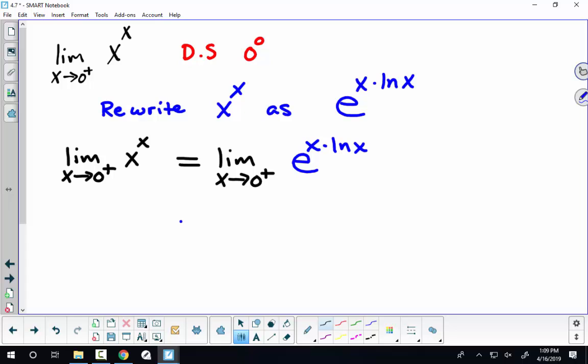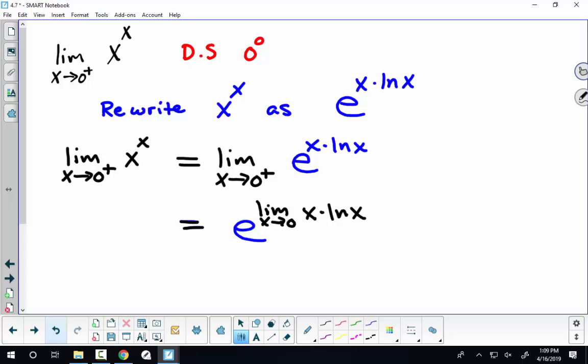So this is equivalent to computing e to the limit power. So that's always step one when you get limits of that form.